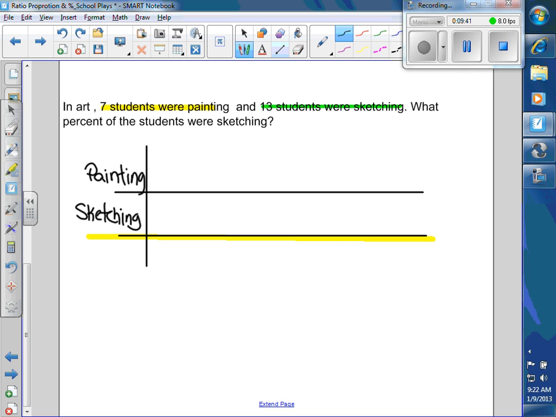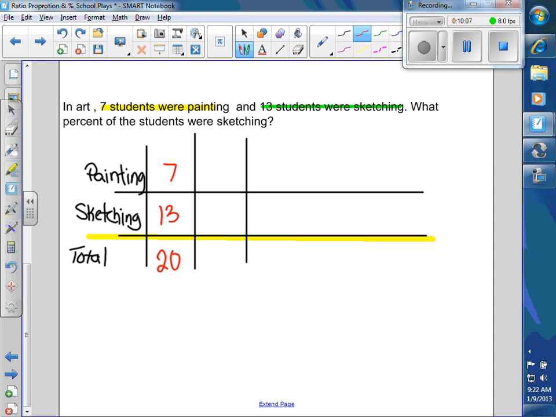Total students. Okay. So, Haley O, what number should I put in some of these columns? Start me off. Okay, 7, perfect. 7 students were painting, 13 students were sketching. So Andrew, what goes down here? 20.